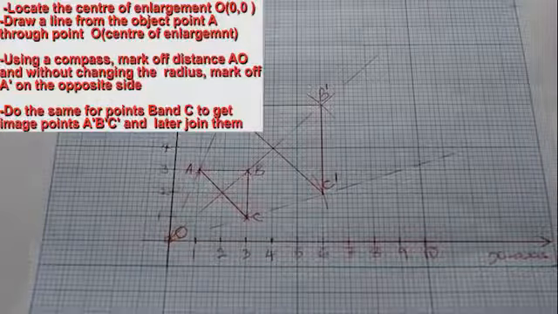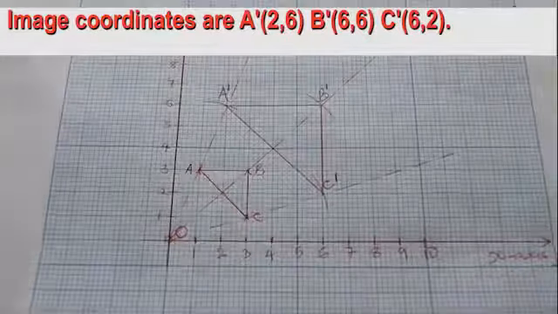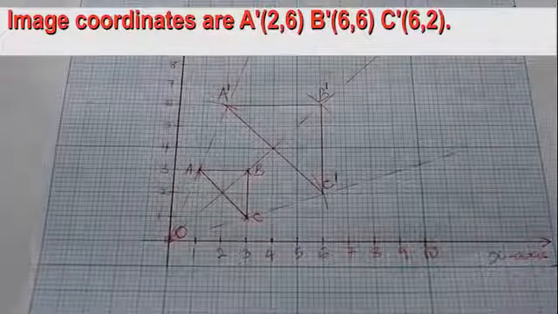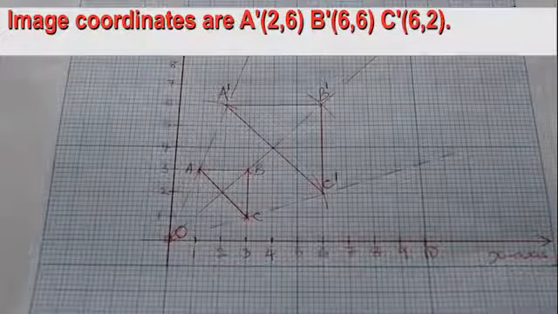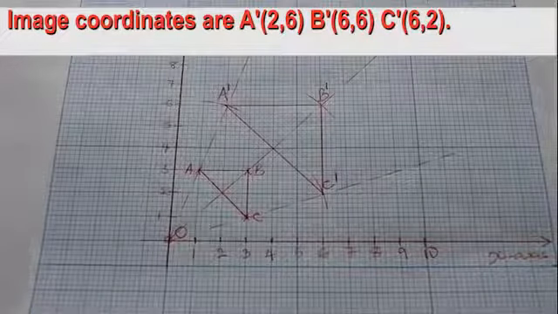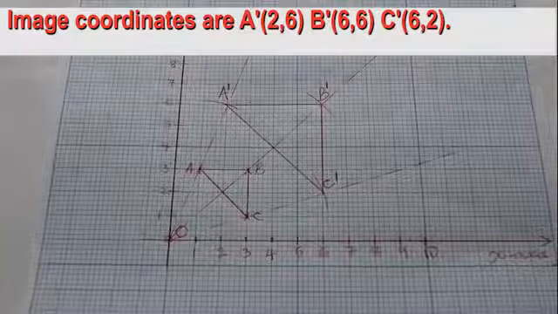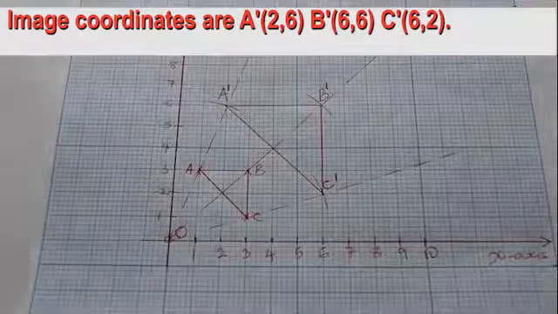Finally, we can read off the image coordinates, and in this case our A prime is 2, 6, our B prime is 6, 6, and then C prime is 6, 2.